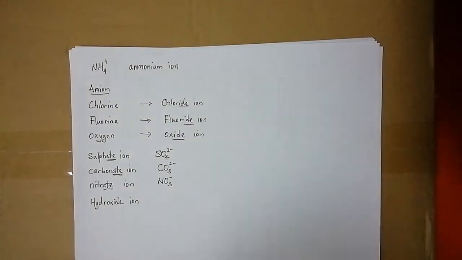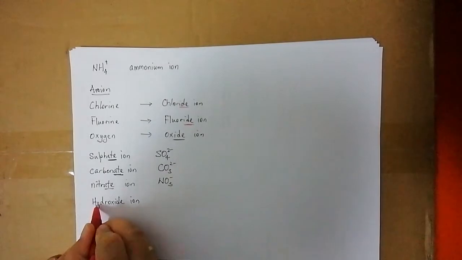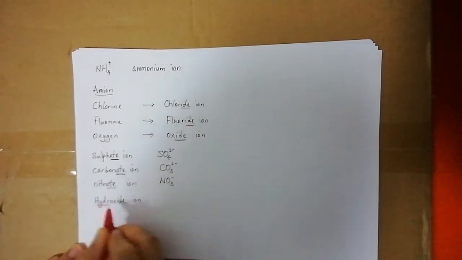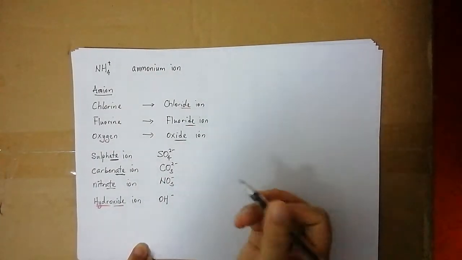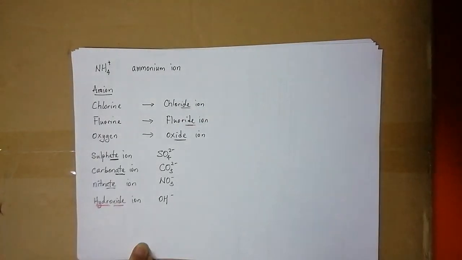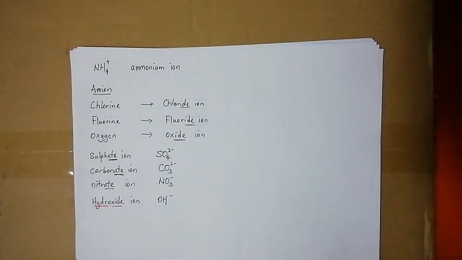For hydroxide ion, we can see that this is the combination of hydrogen and oxygen. So that's why you have OH negative here. Hydroxide ion.